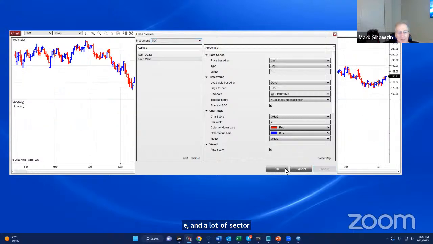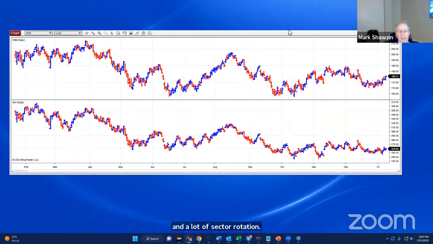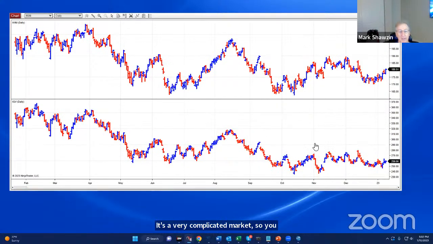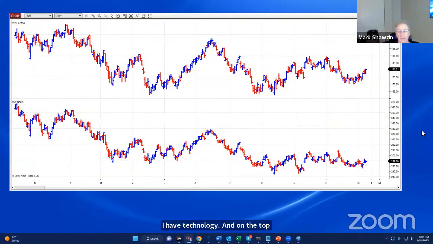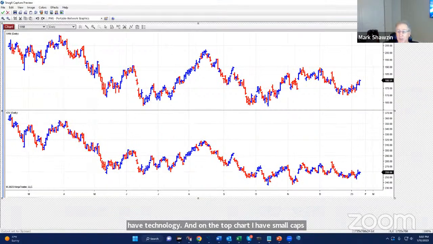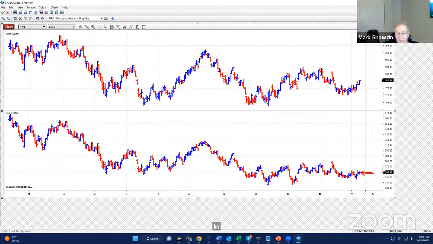It's a very complicated market. So you can see on the bottom chart, I have technology, and on the top chart, I have small caps. And you can see today, there was hardly any movement in technology. So Apple was actually even down today, while the rest of the market was up.